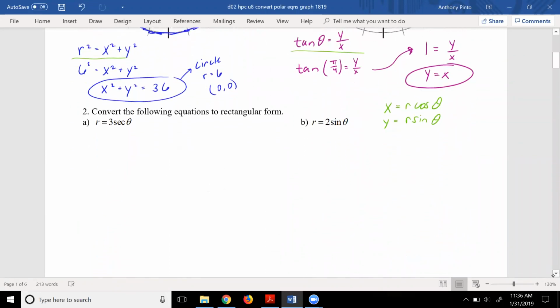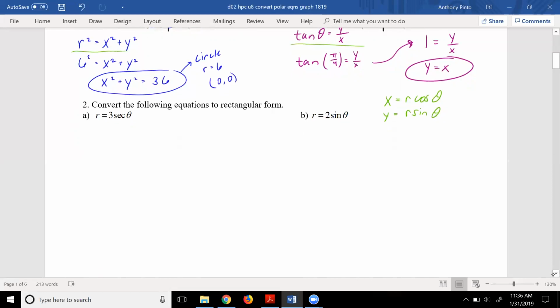Number 2 says convert the following equations to rectangular form. So A has r equal to 3 secant of theta. So what we want is to get r cosine theta or r sine theta so that we can replace these with either an x or a y.